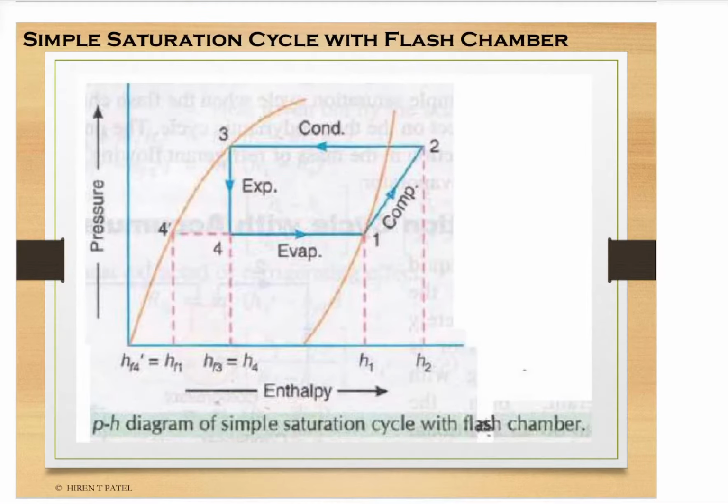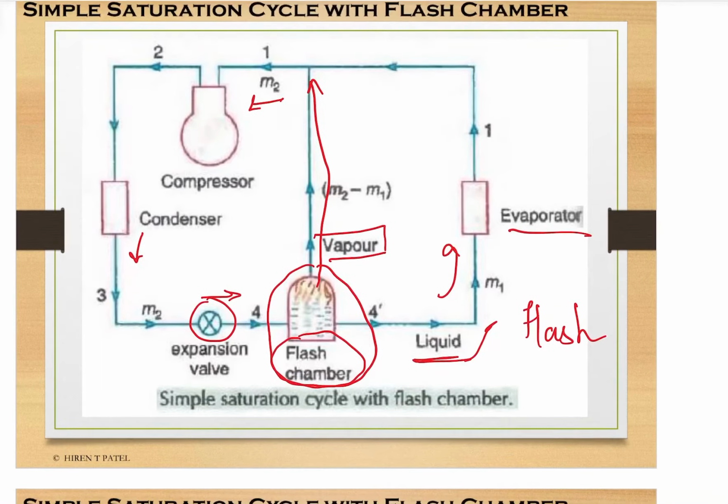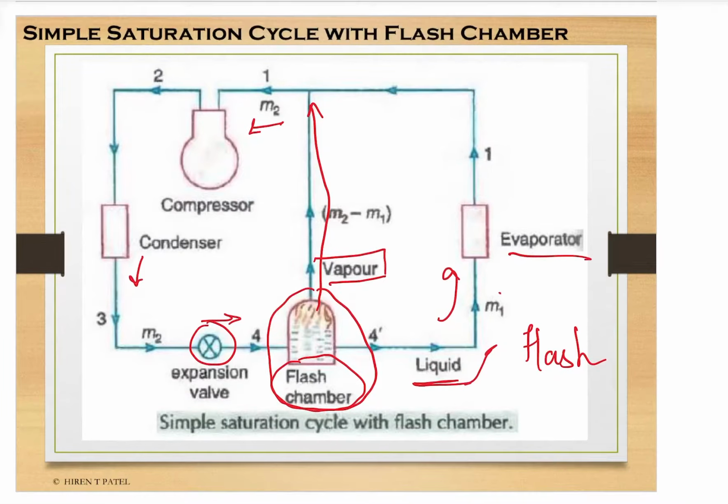Here the mass M1 is the mass of liquid refrigerant supplied to the evaporator, and M2 is the total mass of the refrigerant passing through the condenser or leaving the expansion valve, and M2 minus M1 is the mass of flash that is directly transferred to the compressor.